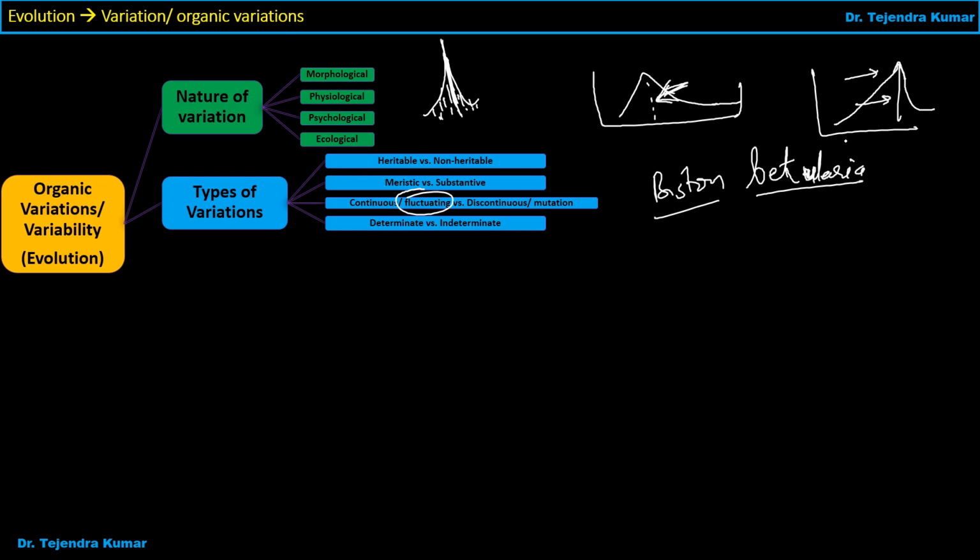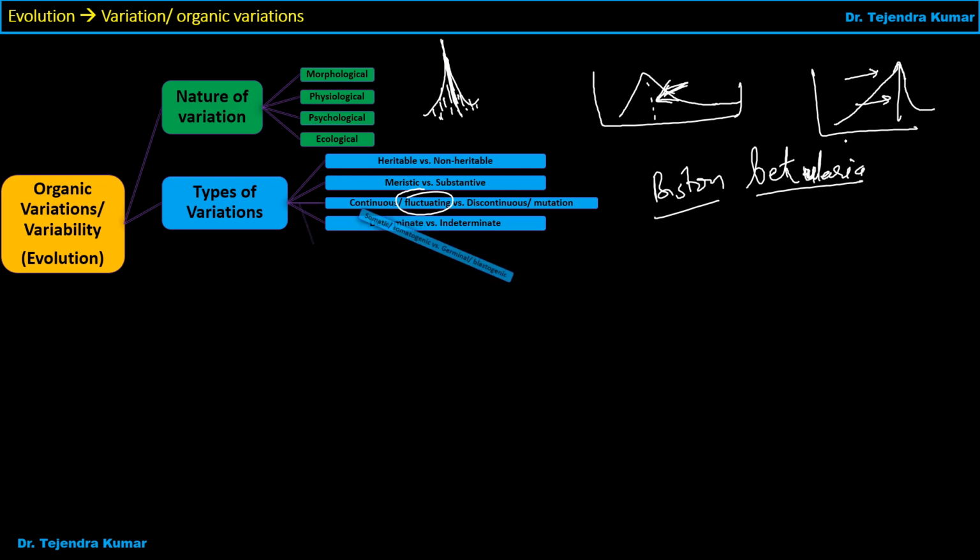There is no confined law, or they do not follow any law, and these can happen in any organism. Sometimes it is showing, and most of the time it is not showing, and it can be minus or it can be plus, any one of them. So this is the indeterminate type of variation.